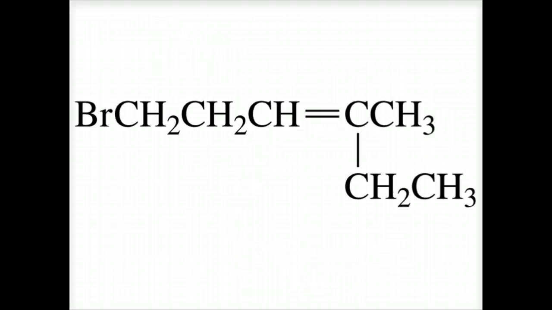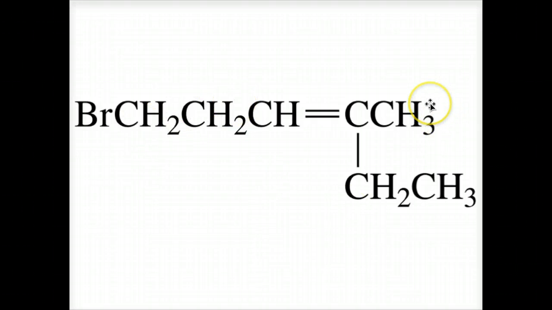Another example, name this compound. Notice again, we want to number it so we get the lowest number on the double bond, if possible. If we number it this way, 1, 2, 3, 4, it's between 3 and 4. We number it this way, it's 1, 2, 3, 4, it's between 3 and 4, so it's a tie. We look at the substituents.